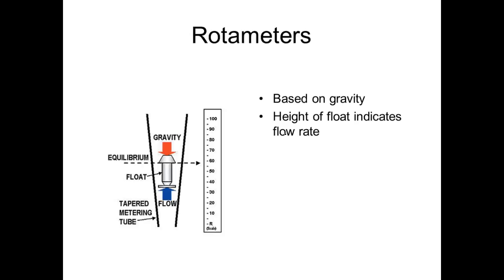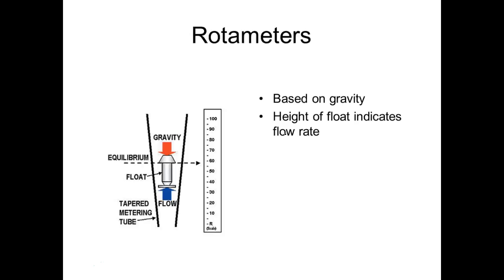But yeah, these are very, very simple. I haven't ever seen them used with an electronic sensor on them, but they could be, right? Because this is the sensing element. All the ones I've seen just have markings on the side.